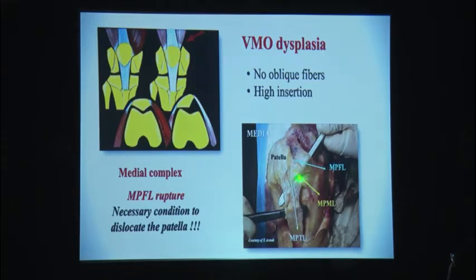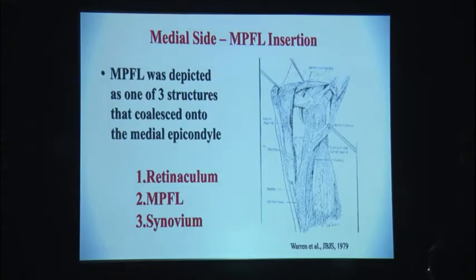The biggest part of this medial complex is the MPFL, but you have also the MPTL and the MPML. So the medial side would be described as these structures, and you have three layers coming on the medial condyle, which is the retinaculum, the MPFL, and the synovium.